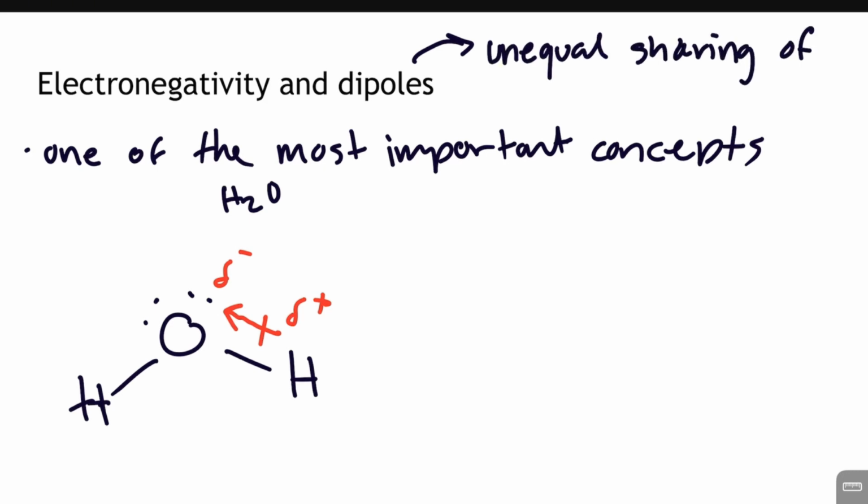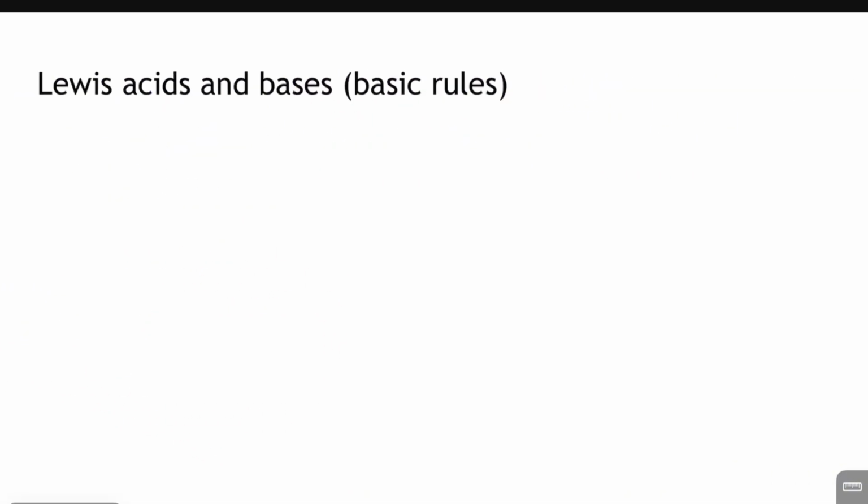And a dipole is basically just an unequal sharing of electrons. So because oxygen is more electronegative, it grabs the electrons a lot more than hydrogen, creating a dipole, an unequal sharing of electrons. And this is a really important concept to understand. And so, as you can see here, around the oxygen, there's a lot of electrons, and it's more electron dense.